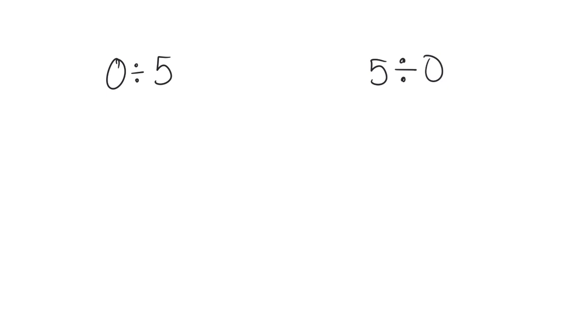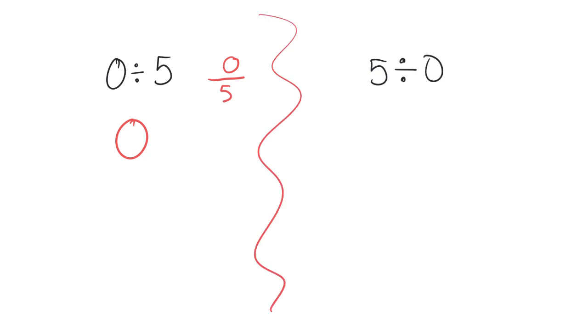Now, one thing we do have to pay attention to is when we're using 0 in division. You can take 0 and divide it into 5 parts, and you're just going to have 0 parts. It's going to end up just equaling 0. So anytime you see a 0 divided by something, sometimes even as a fraction kind of division, 0 divided by 5, that just equals 0. But that is totally different than if you have a 5 divided by 0.